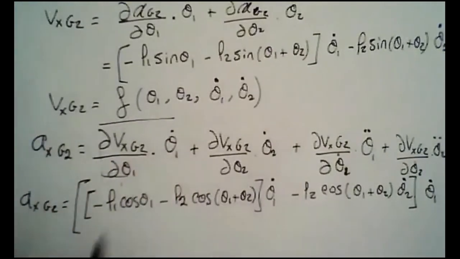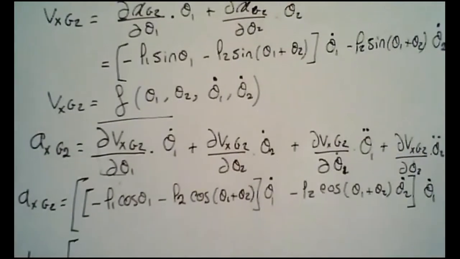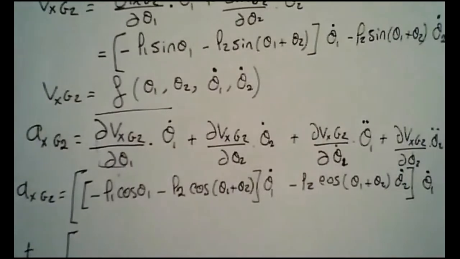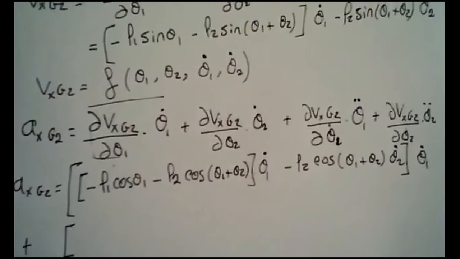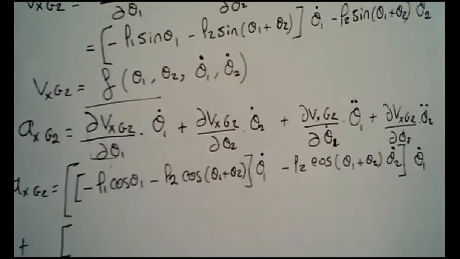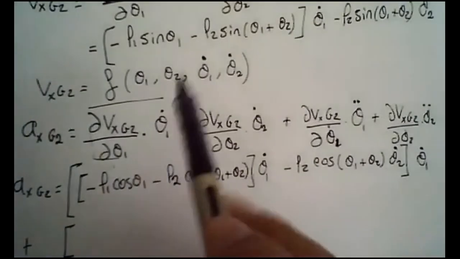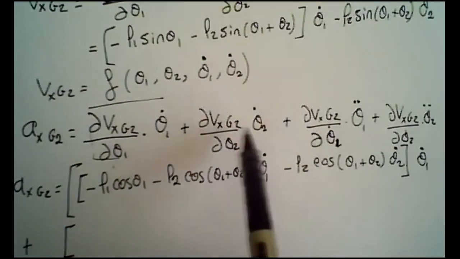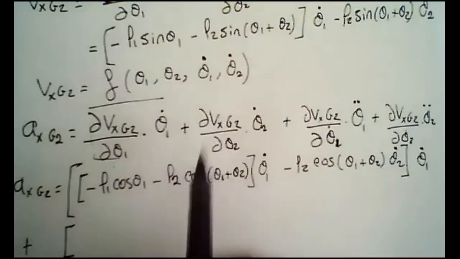So let's do the second term, plus... scroll up a little bit on the page. Okay, there we go. So hopefully the source shows everything. The second term is the partial derivative of the velocity with respect to theta 2. So here we don't have theta 1, we only have theta 2.